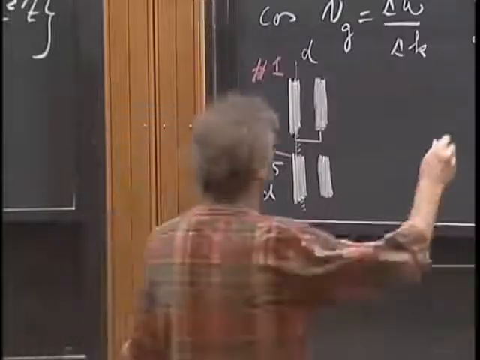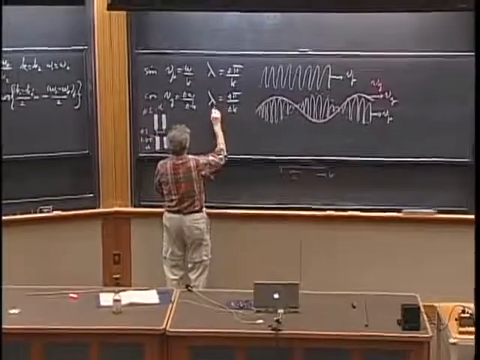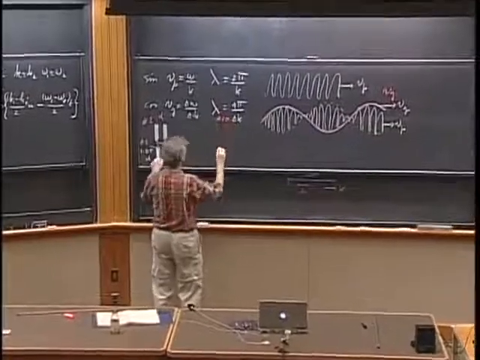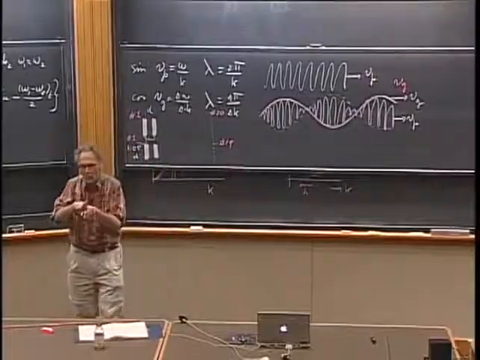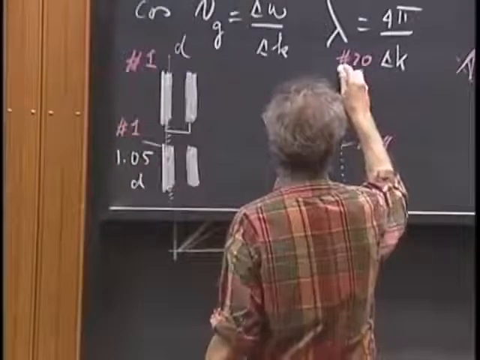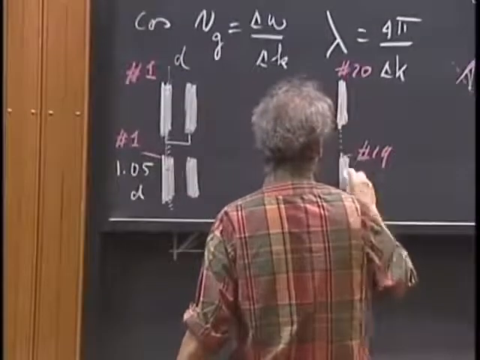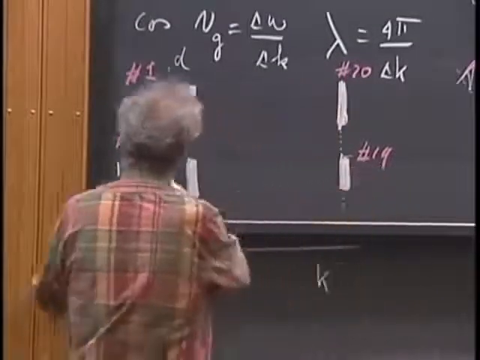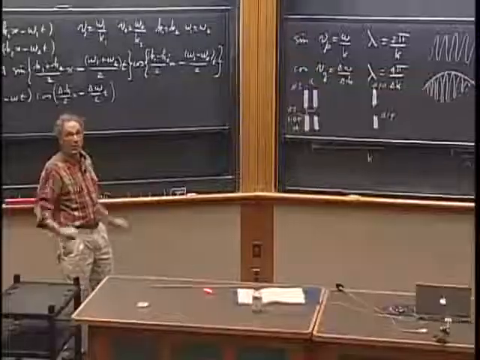So that means when I reach here on my sheet number 20, then I reach here number 19. But they are again on top of each other. They are in phase, so to speak. So my number 20 coincides with number 19 here because this one has 5% larger spacing. The wavelength is 5% larger.